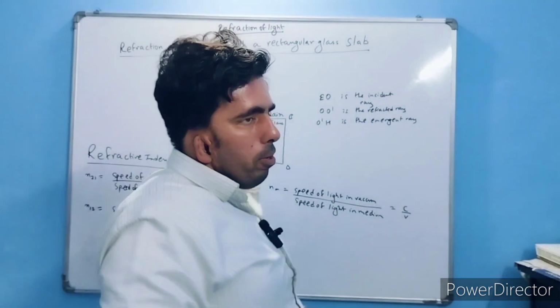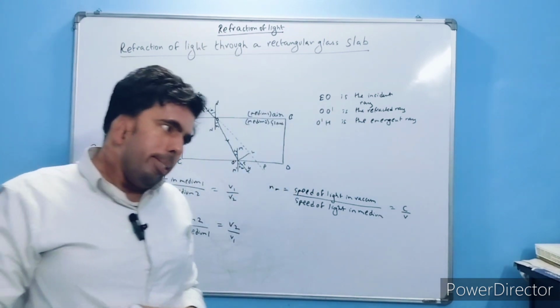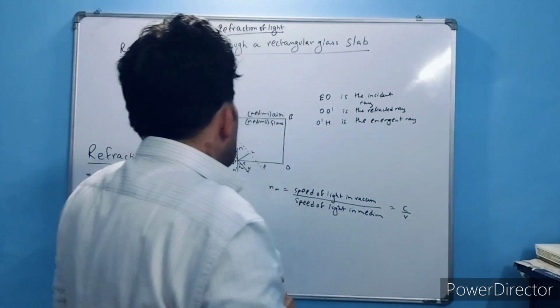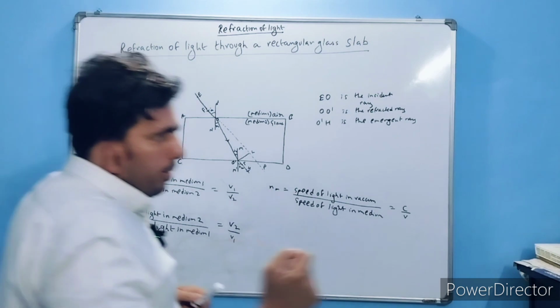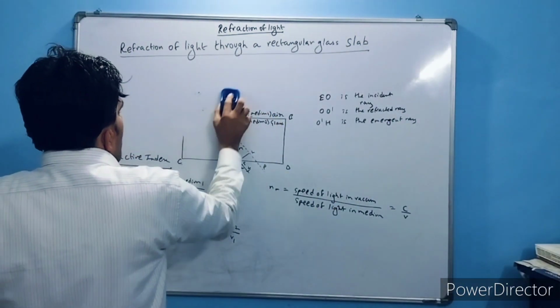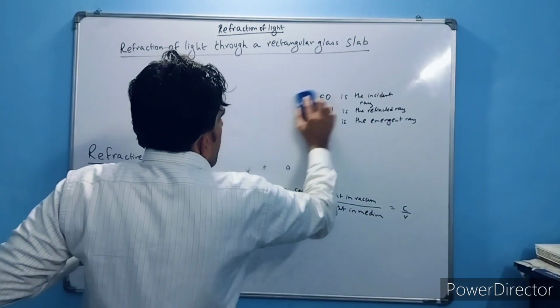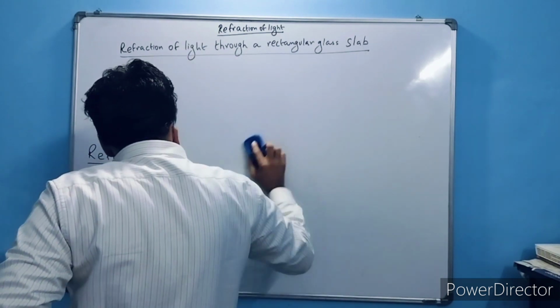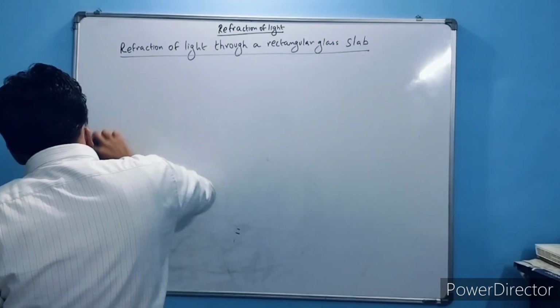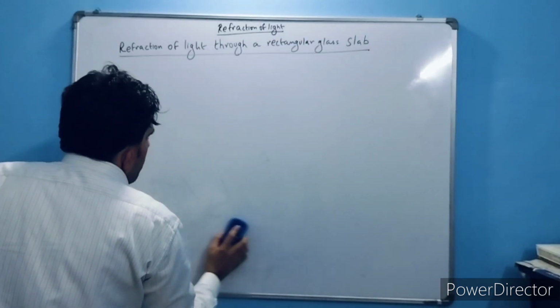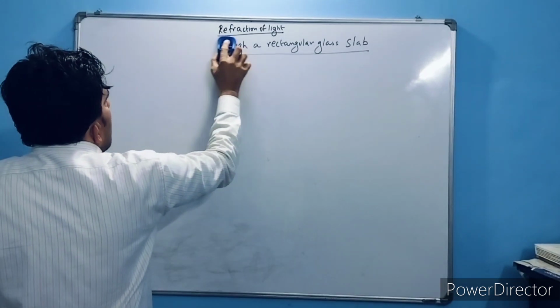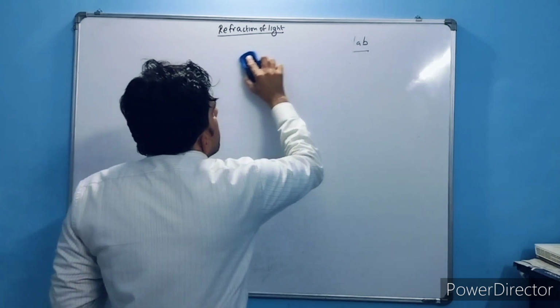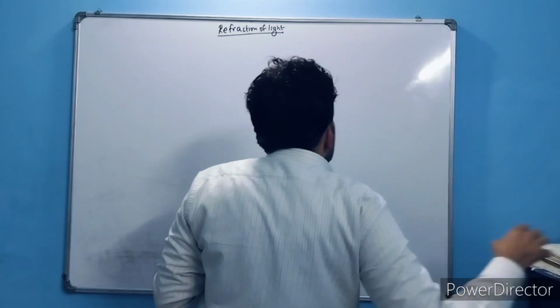Now we'll study spherical lenses, and how refraction occurs through them. There are two types of spherical lenses. One is the convex lens, that is the converging lens, and the other is the concave lens, that is the diverging lens.